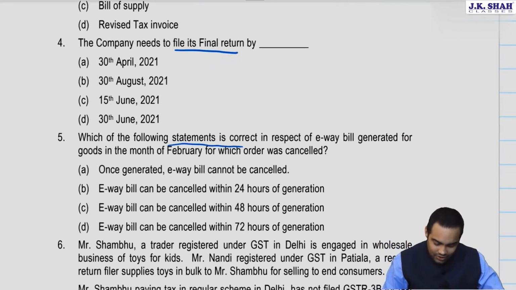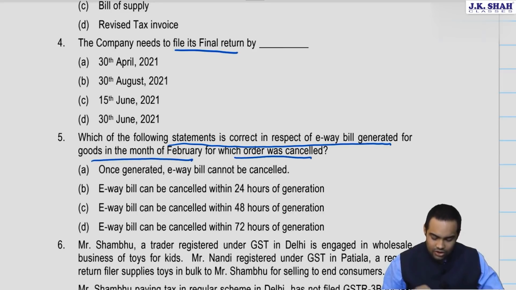Which of the following statement is correct in respect of e-way bills generated for goods in the month of Feb, for which order was cancelled? So order was cancelled. Once generated, e-way bill cannot be cancelled. This is wrong. You know that e-way bill can be cancelled if in case you do it within 24 hours. Let's see other options. E-way bill can be cancelled within 24 hours, 48 hours, 72 hours.